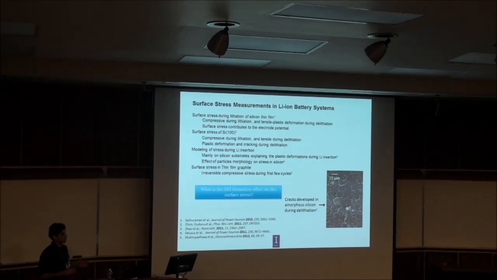The bottom line of all of these studies was that as you put lithium inside the anode material, you develop some compressive stress on the surface, and as you remove it, you pretty much remove this compressive stress. But especially on silicon and these high-capacity materials, because you have a lot of expansion and contraction, you start breaking the surface as you put lithium in and remove it, especially with single crystalline silicon.